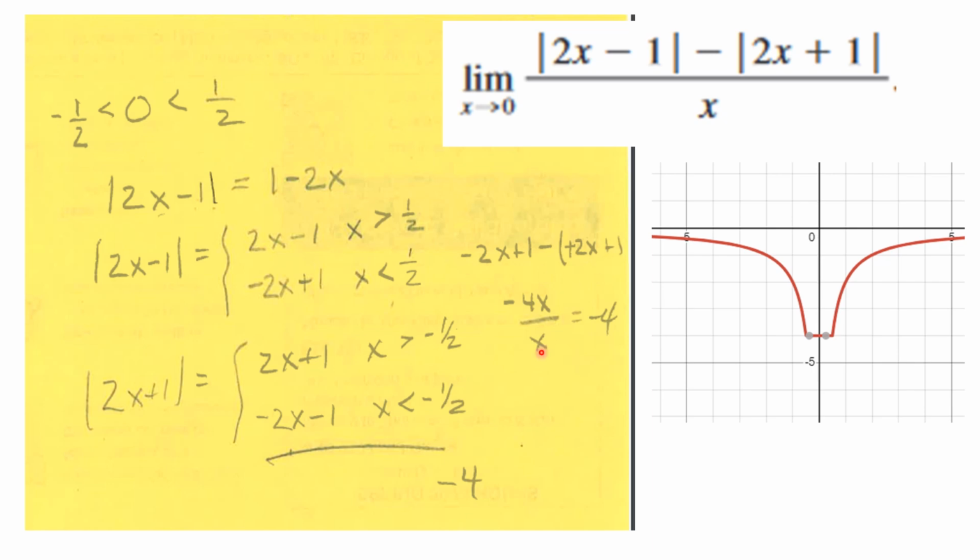When you do this calculation, you will get minus 4, and this shows that the graph will also yield minus 4, even though the function is not defined at x equals 0.